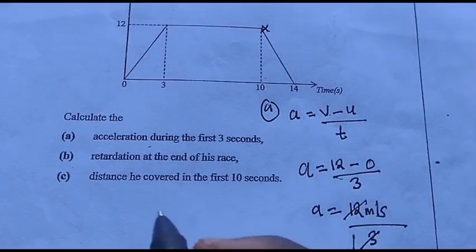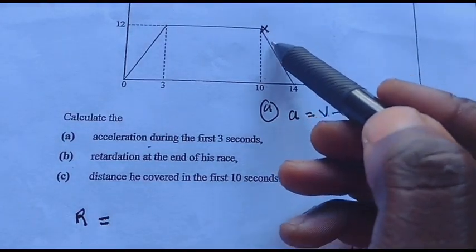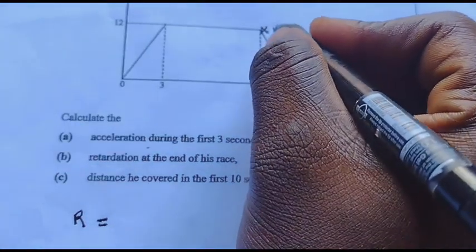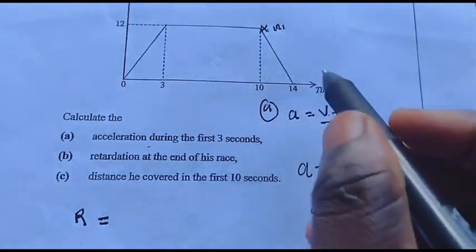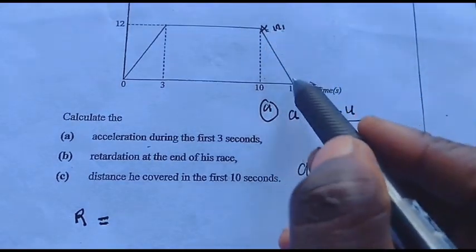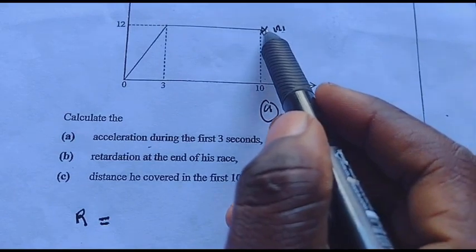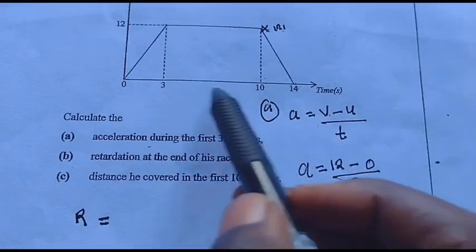So to find the retardation, if he started retarding from here coming here, this point is going to be your initial and here will be the final. The initial speed is 12, and the final will be 0.